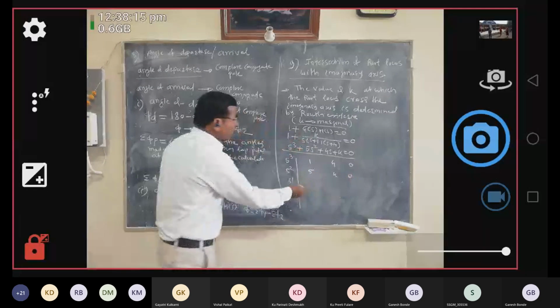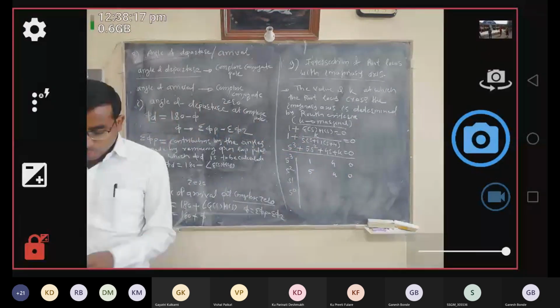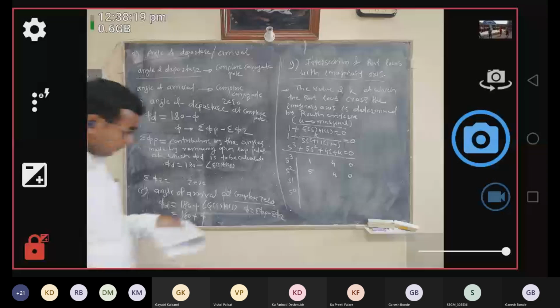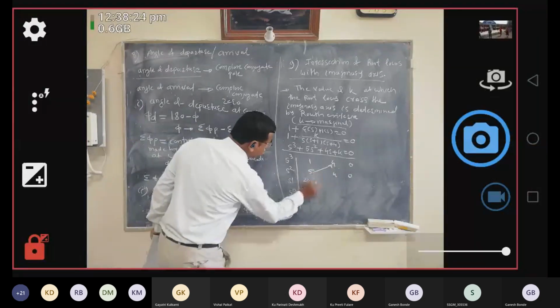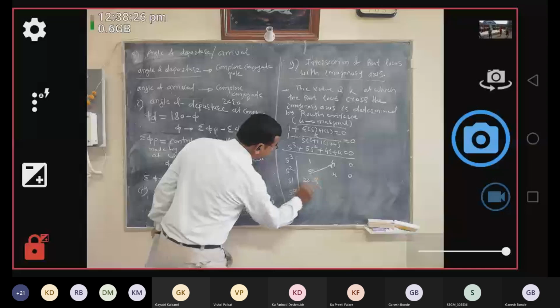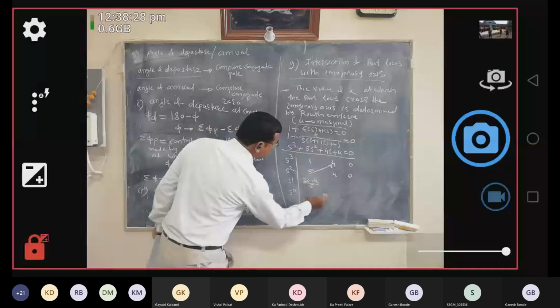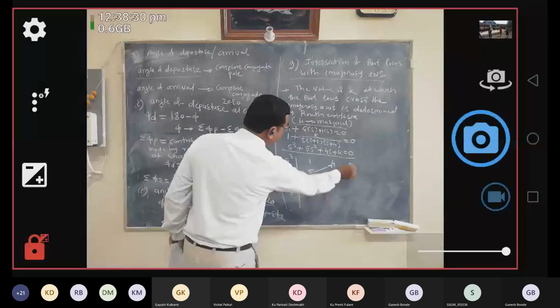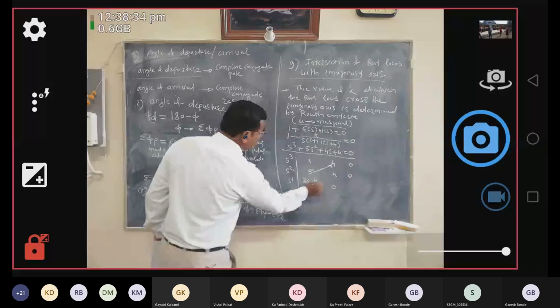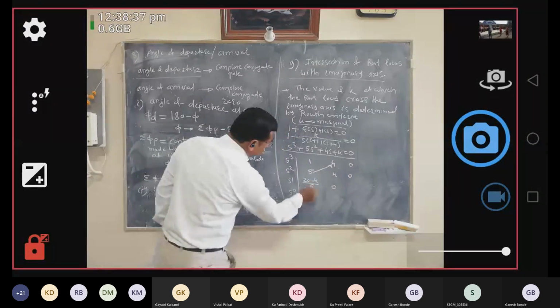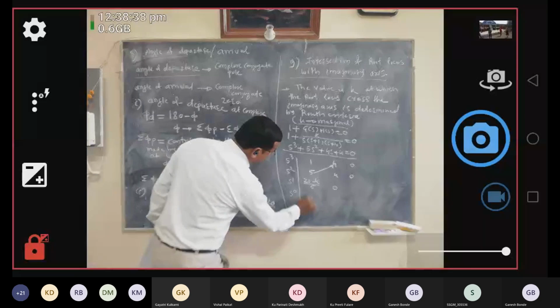Tell me the s1 row element and the s0 row element. So 5 into 4, which is 20, minus k, upon 5. The other term is 5 into 0 minus 1 into 0, which is 0. In the s0 row, it would simply be k.